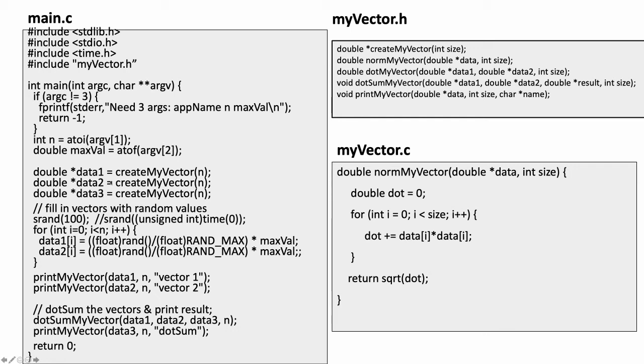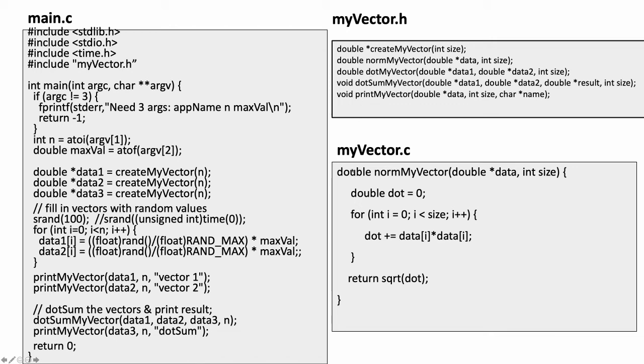Then we are going to create 3 vectors, each of size n. We're going to randomly fill those vectors with numbers between 0 and maxval. Then I'm going to print out the 2 vectors. I'm going to do the dot sum of my vector, and then when I'm done, I'm going to print the result.